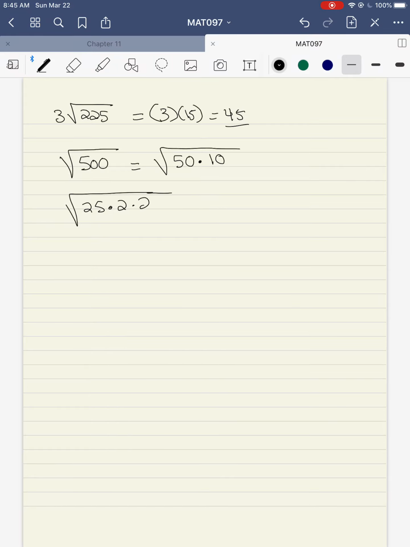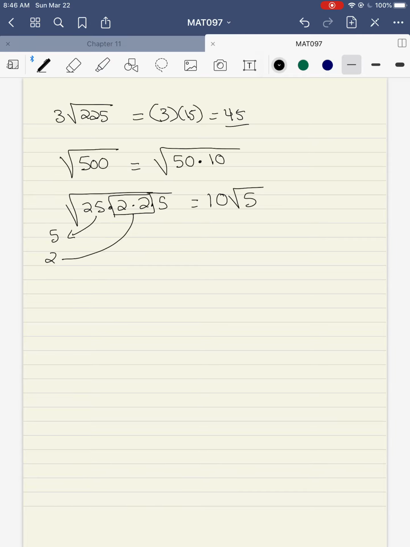And 10 is 2 times 5. Notice between the 50 and the 10, the way I divided my numbers up, I do make another perfect square. So I have the 25 as a perfect square, which is a 5. 2 times 2 is a perfect square of 4, so a 2 comes out. So 5 times 2 came out of that, so that's a 10. And then root 5 is left behind.